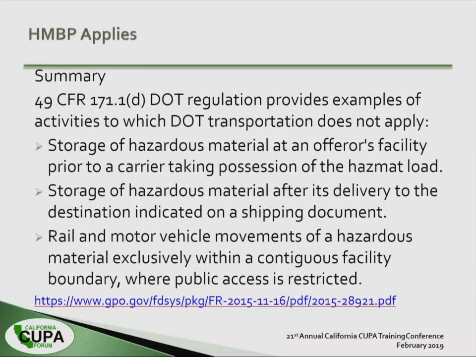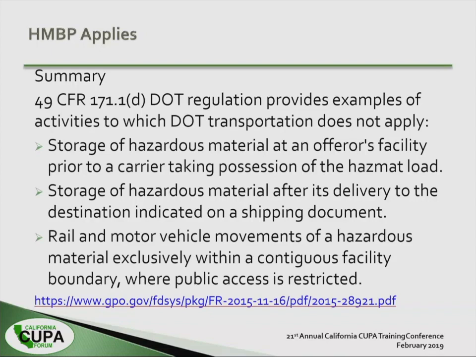So the bottom line is DOT provides examples of activities which exempt the transportation. As long as your material is stored at the offeror's facility, as long as it's stored on the truck that's going to the final destination, as long as it's actively being transported, it doesn't matter, it's all exempted.